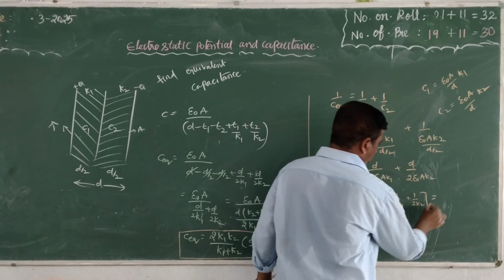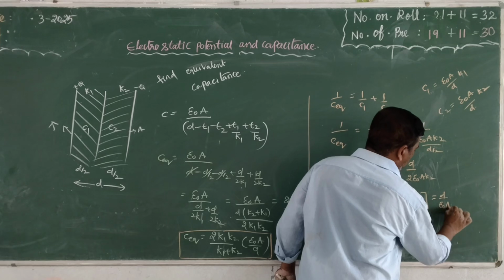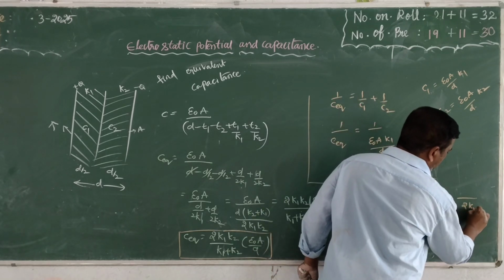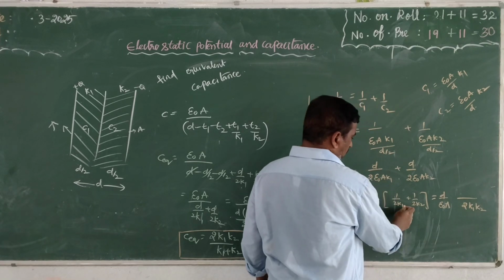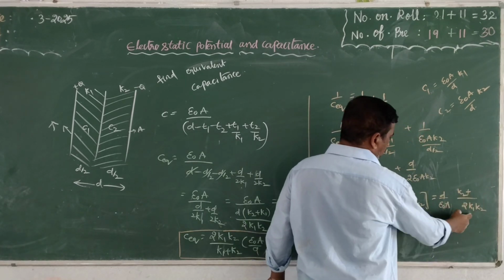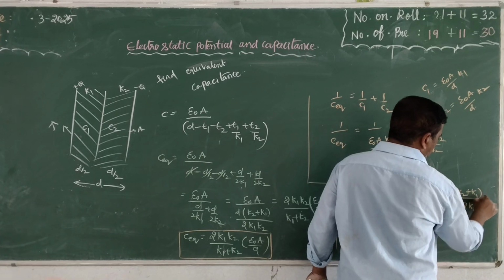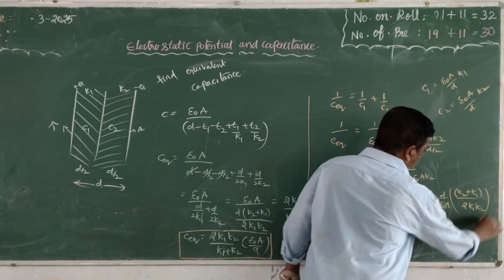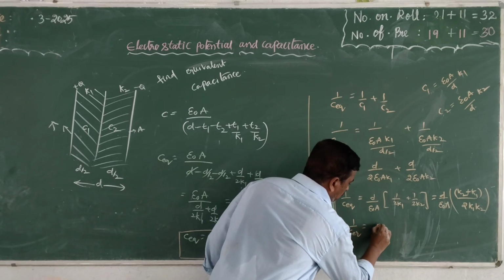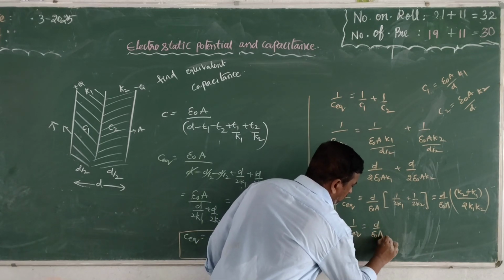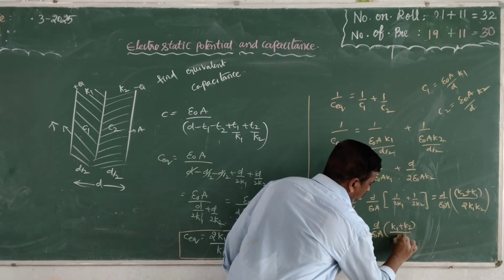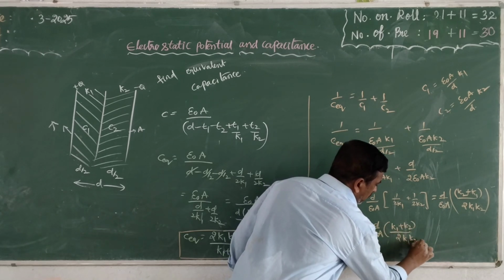So here d by epsilon naught A, the LCM of 2 K1 and 2 K2 is 2 K1 K2; here 2 K1 cancels, leaving K2, and here 2 K2 cancels, leaving K1. So 1 by C equivalent equals d by epsilon naught A into K1 plus K2 by 2 K1 K2.